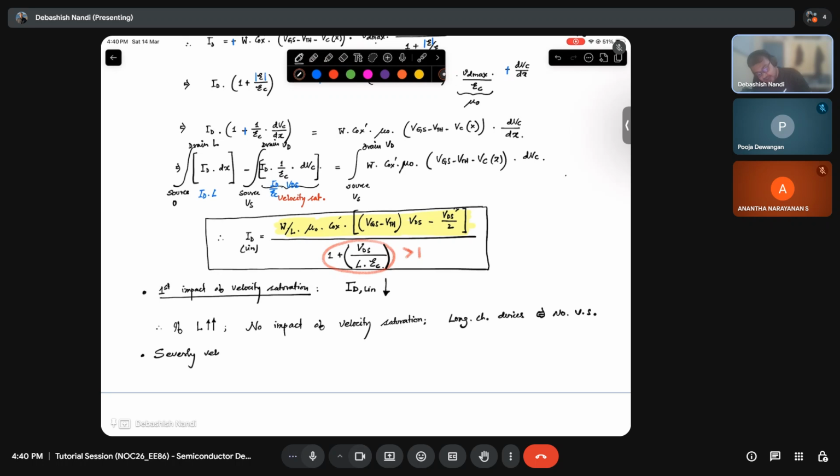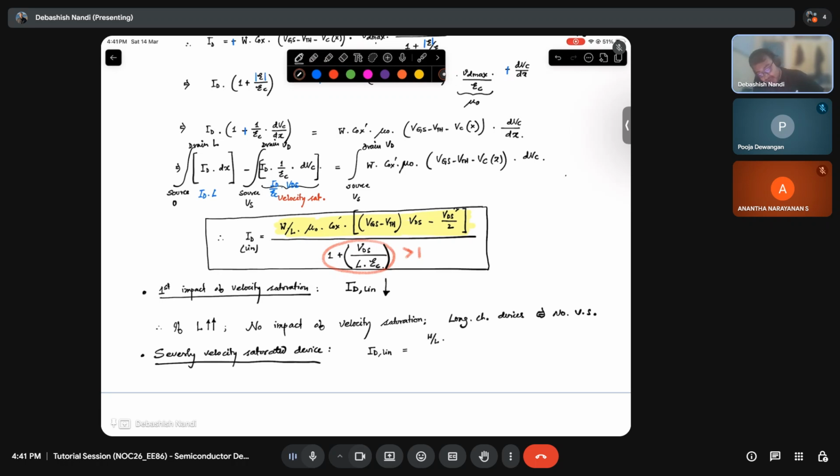Severely velocity saturated device. That means the second term in the denominator will dominate. So what will be my ID now?